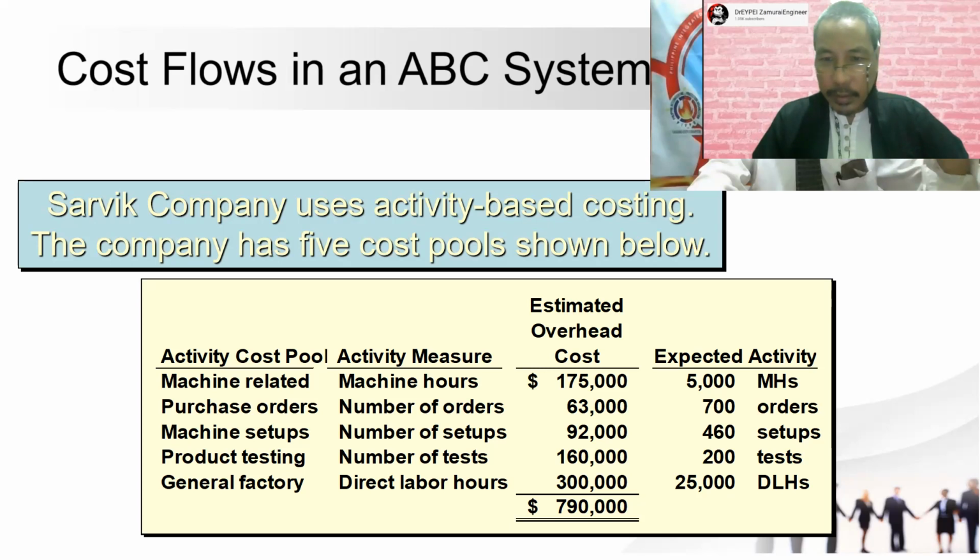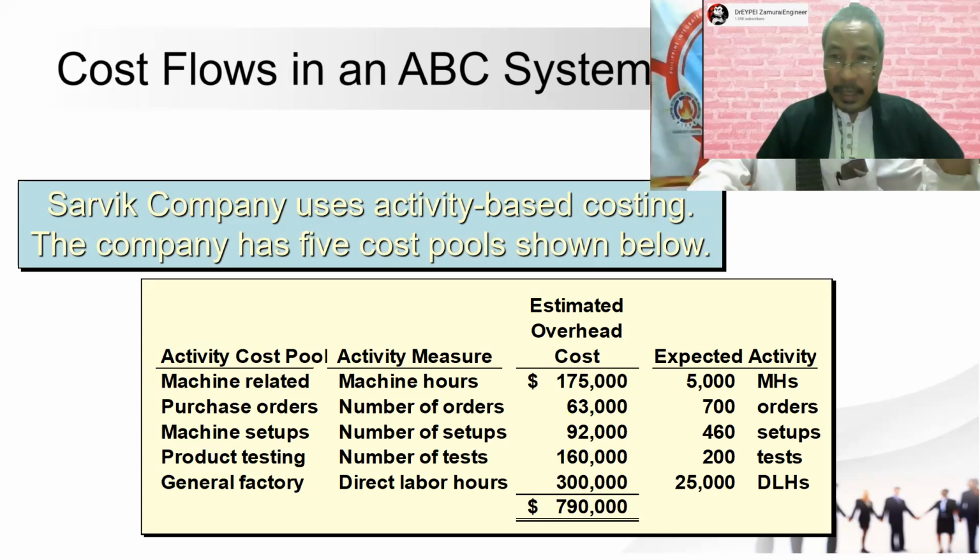So we have what? 5,000 machine hours for the first line. Okay. 700 orders for the second one. Third one is 460 machine setup. And the fourth one, how many testing?